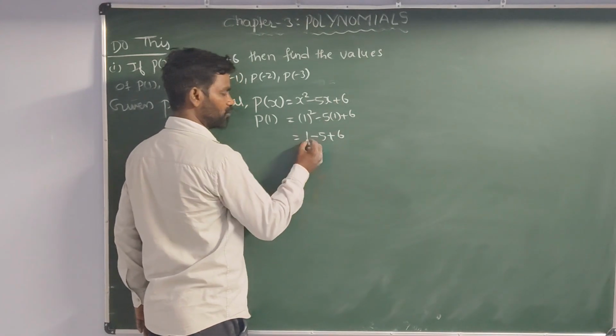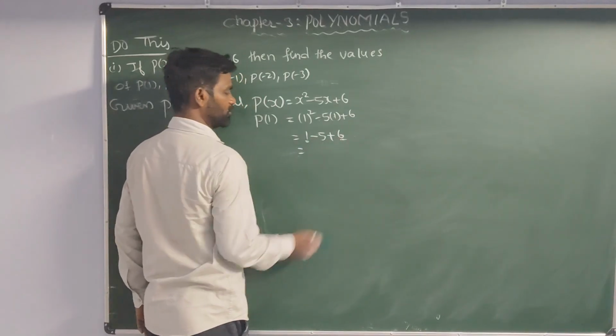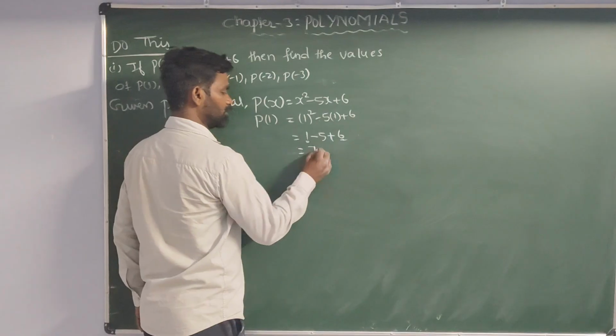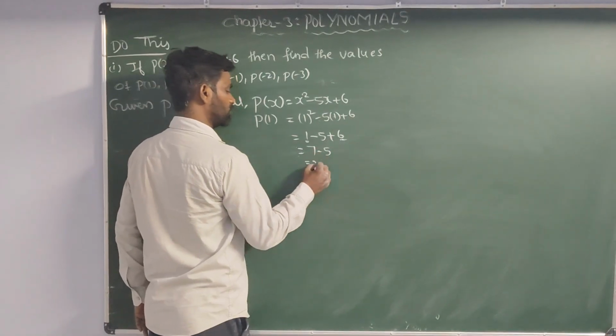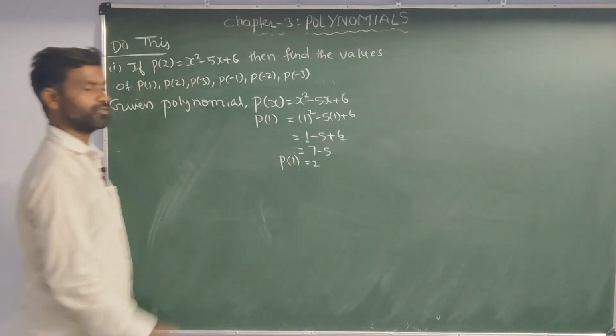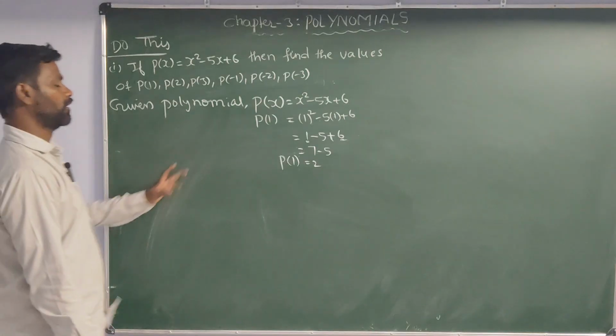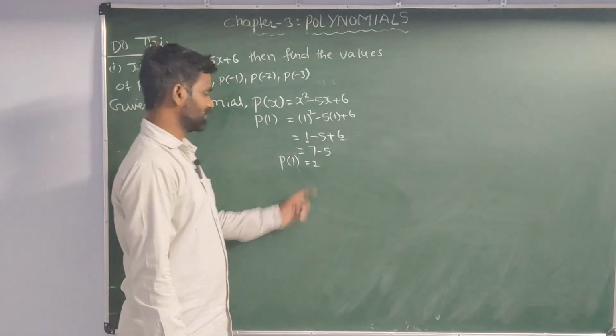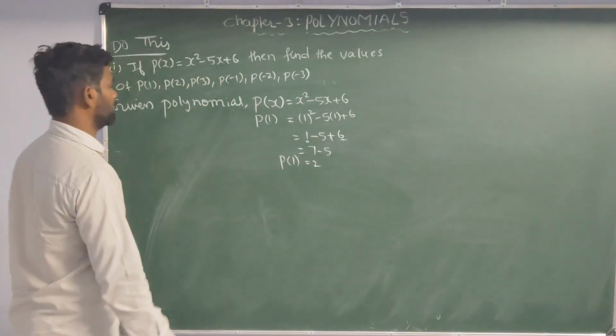Now add the positive values. 1 plus 6 is 7, minus 5 is 2. Therefore p of 1 is equal to 2. So this 2 is nothing but the value of the polynomial.